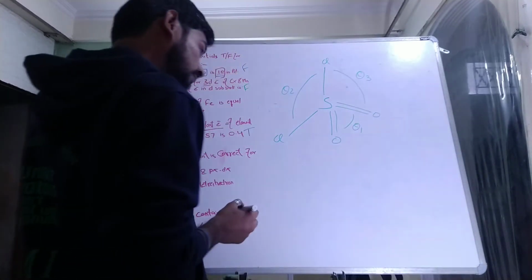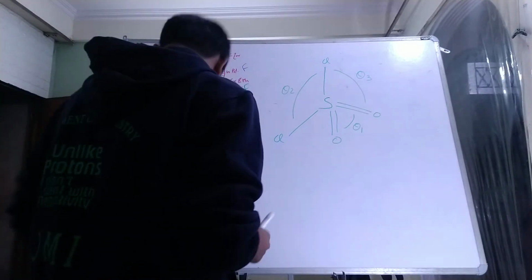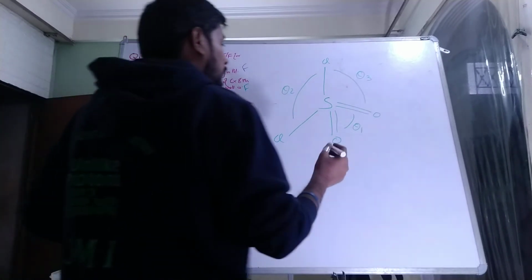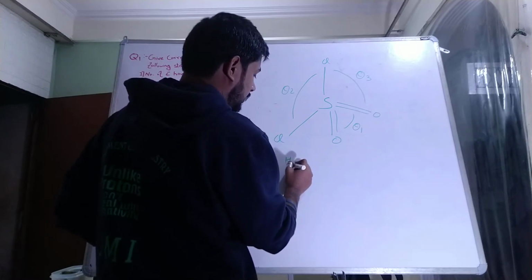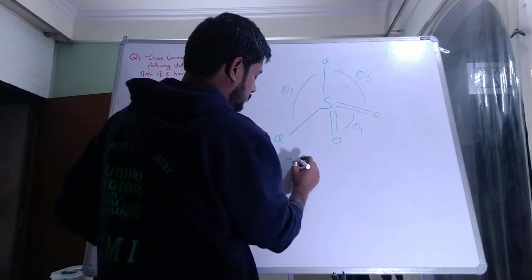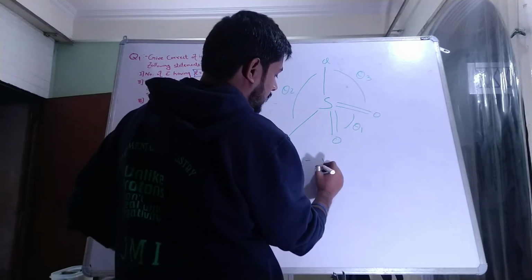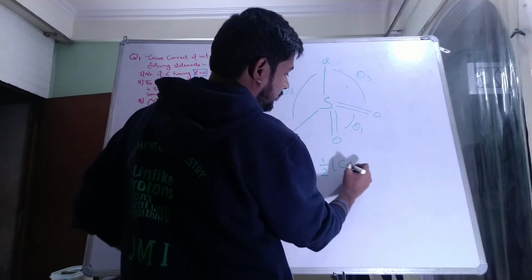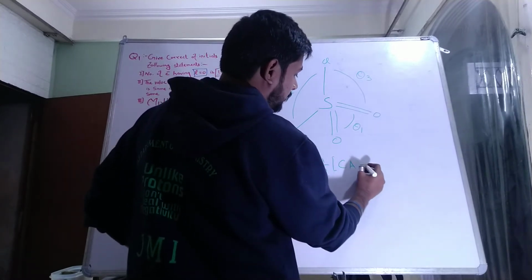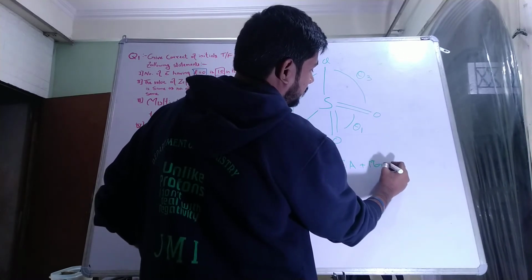First of all, we will calculate the hybridization of this. We know the formula: half in bracket, central atom valence electron plus monovalent atom.